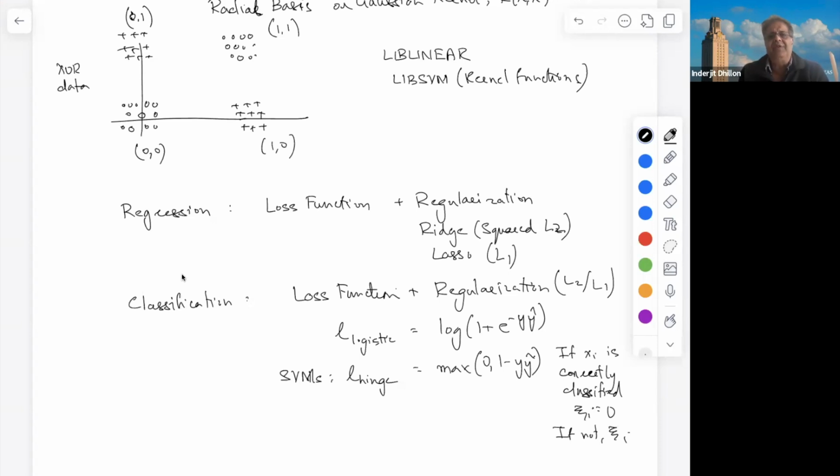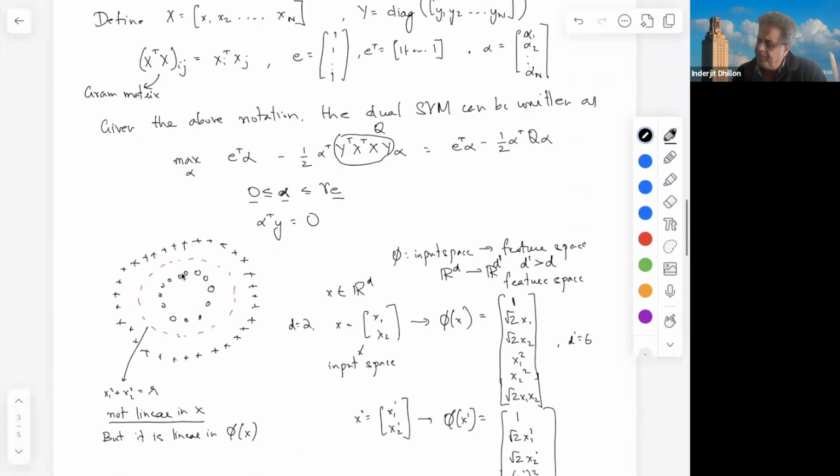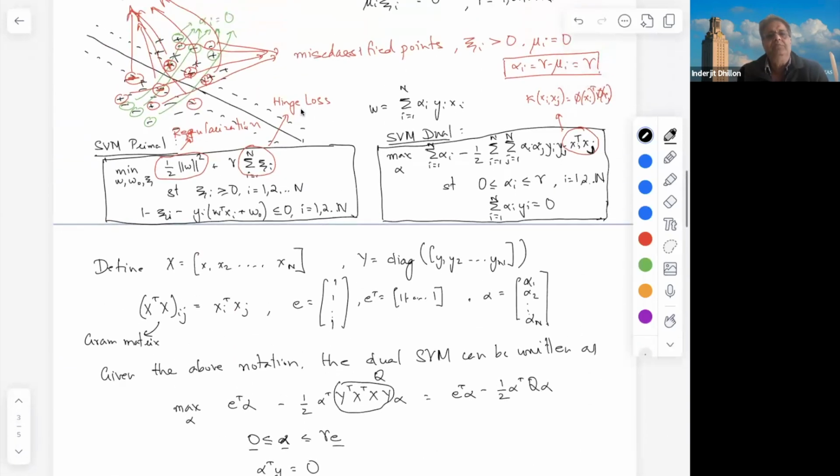So you can see it from over here. So psi i sometimes will be greater than 0. But if it is exactly classified, then the psi i's will actually be equal to 0.